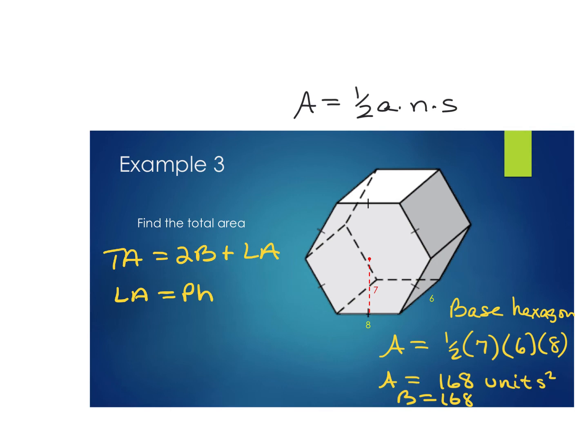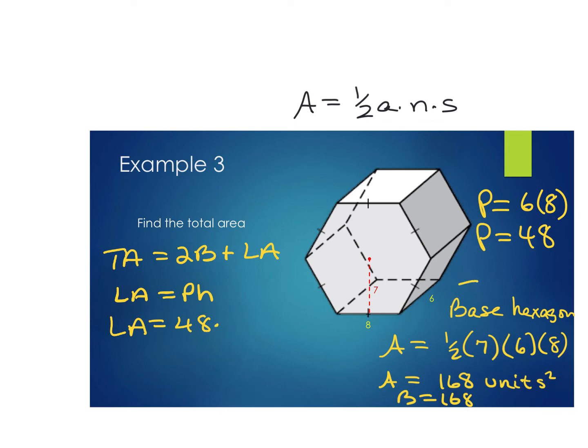And I know that there are 6 sides. So my perimeter, let me do that over here. Perimeter is going to be 6 times 8. So my perimeter is 48.